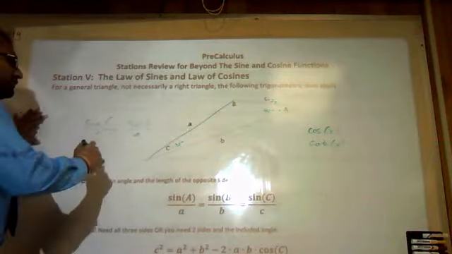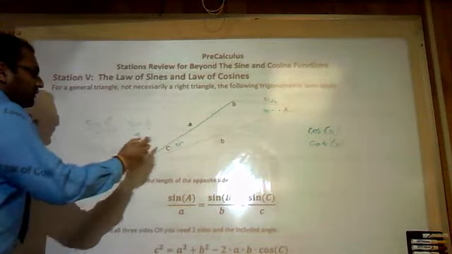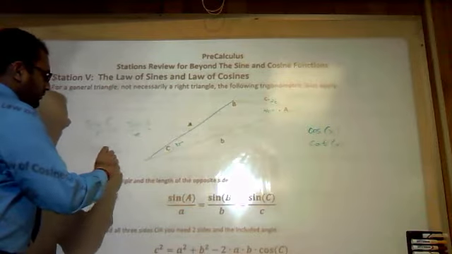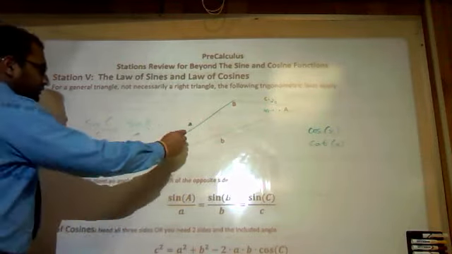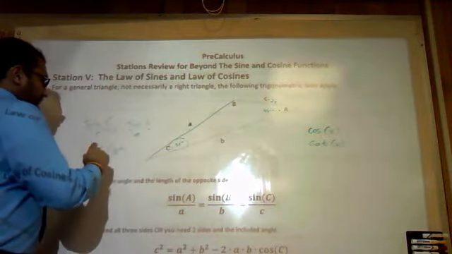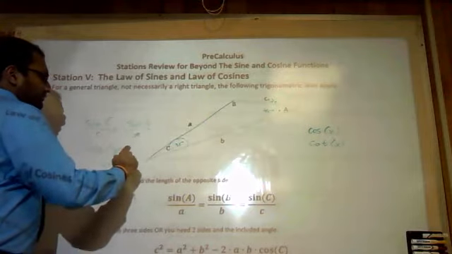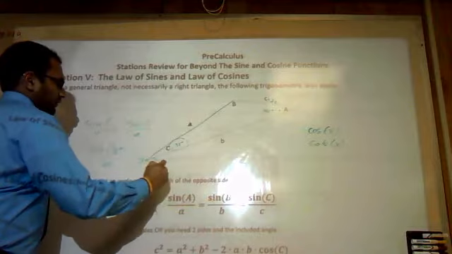So the sine of angle C, the sine of 35 degrees, divided by 20 is going to equal the sine of angle A, sine of 45 degrees, divided by A.